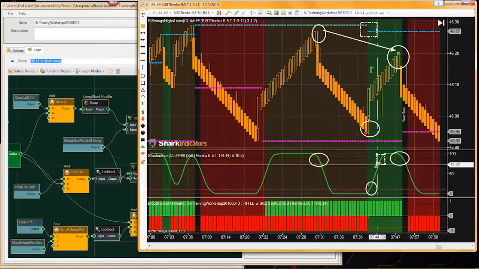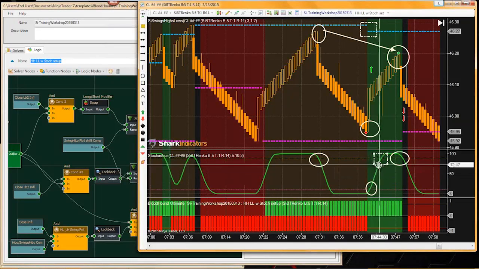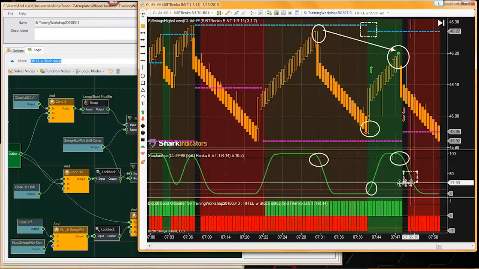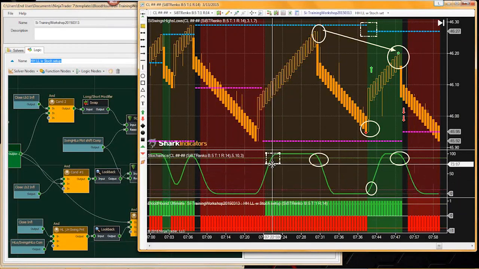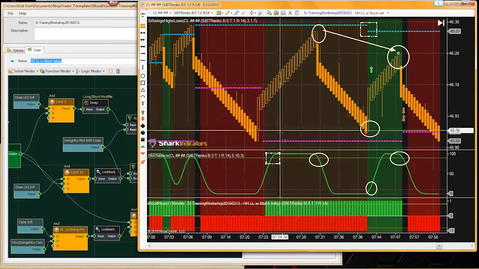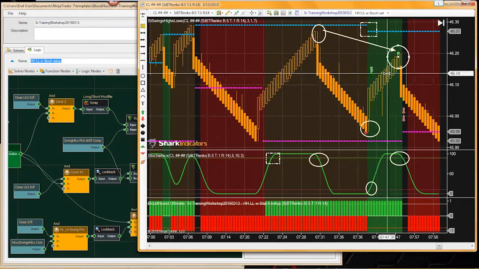Hopefully you see that if we're going to use the stochastic here, actually, let me switch back to building this long signal.